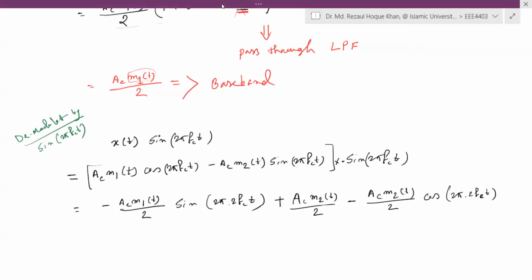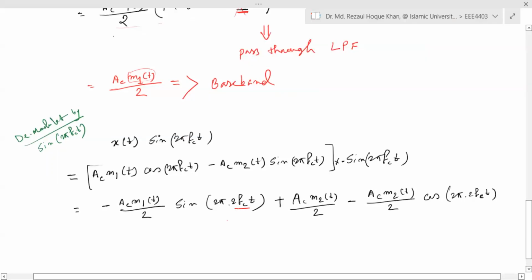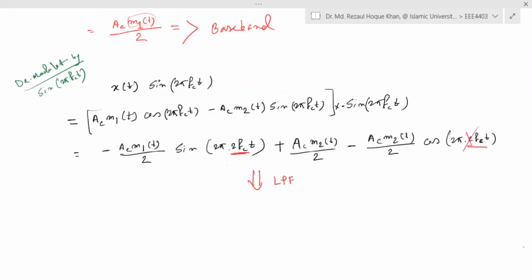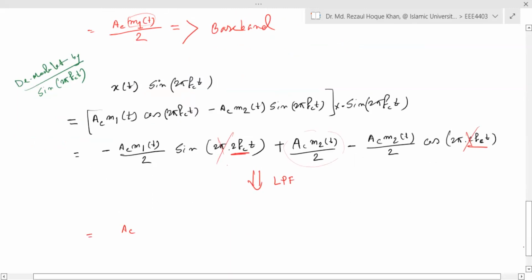Same thing here, we can see that this is also a higher frequency. So we pass it through a low pass filter and we can cancel out this term, and this term also. So this term will remain. So we will have Ac m2(t) by 2, which is actually our baseband message.